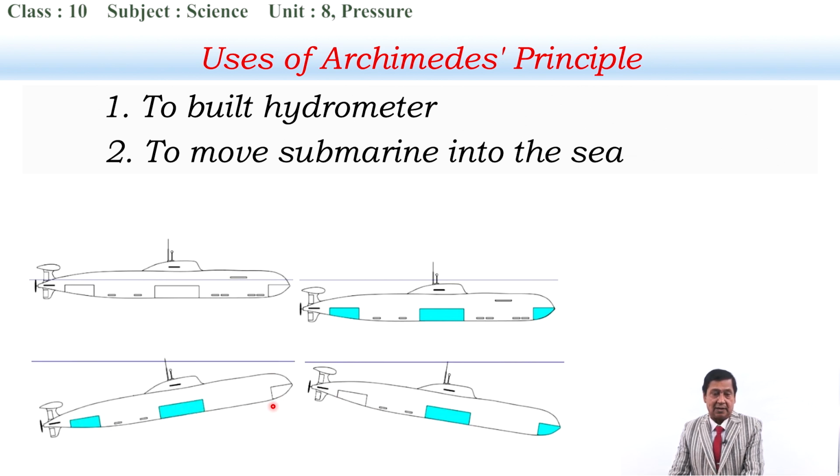Now the front side tilts towards the upward direction, and using the engine the submarine moves upward. This way it works, but throughout its working, going down or coming up, Archimedes' principle is utilized, which says that upthrust is equal to the weight of displaced liquid.